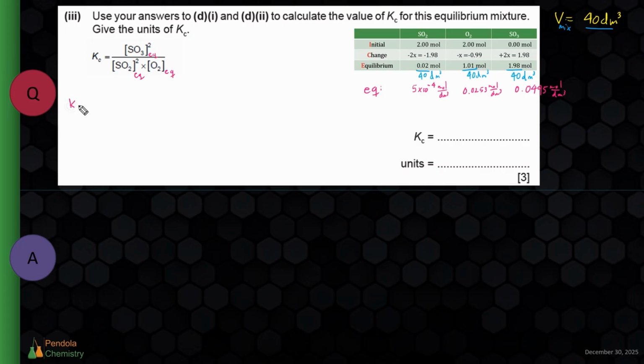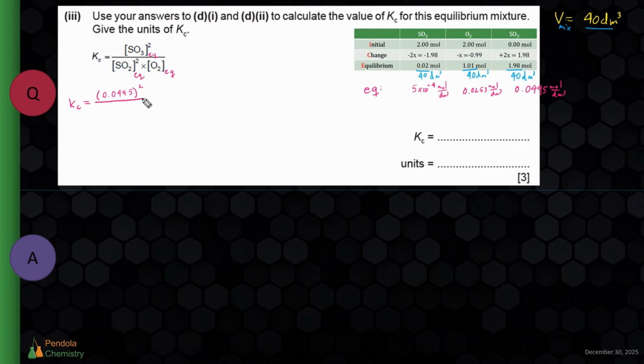So here Kc is going to be equal to the concentration of SO3 at equilibrium, which we said was 0.0495, squared. I'm not going to do the units in here because I'm going to do the units separately, since we need to figure out what those are.